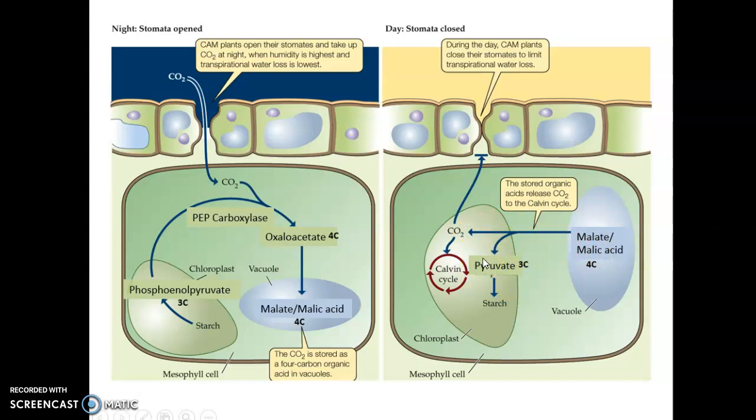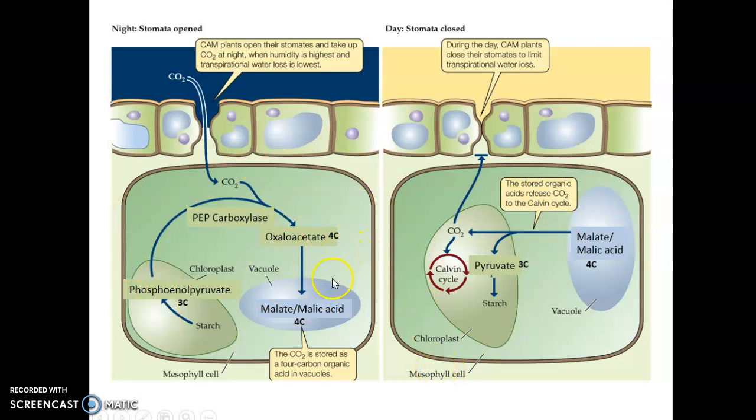Pyruvate will be converted to starch and stored in the chloroplast. At night, the starch will be converted back to phosphoenolpyruvate, so the cycle happens continuously.